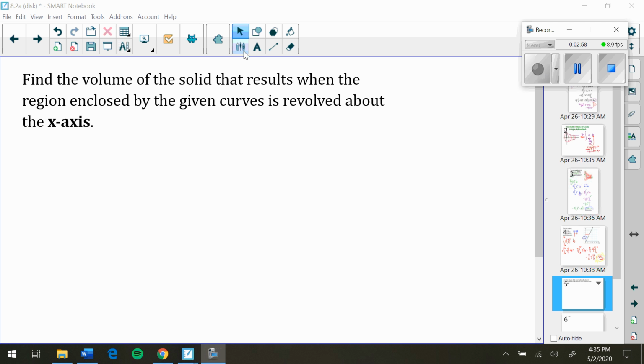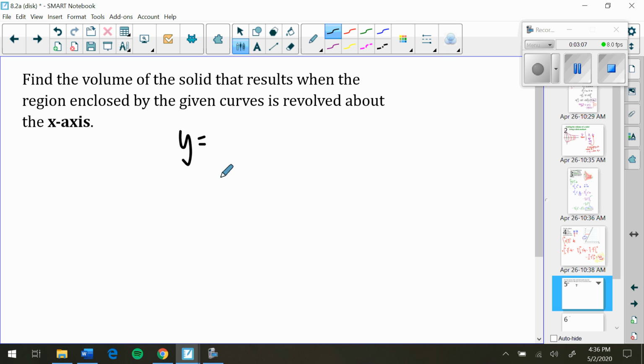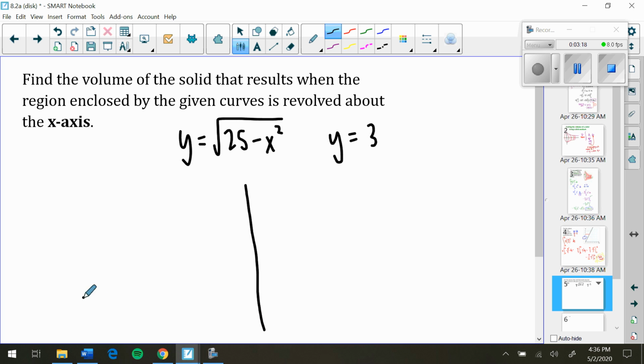We are going to do number 4, which is y is equal to the square root of 25 minus x squared, and y equals 3. So as is super necessary with each of these problems, we probably want to draw a picture.